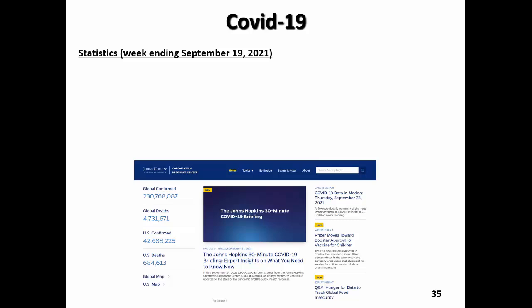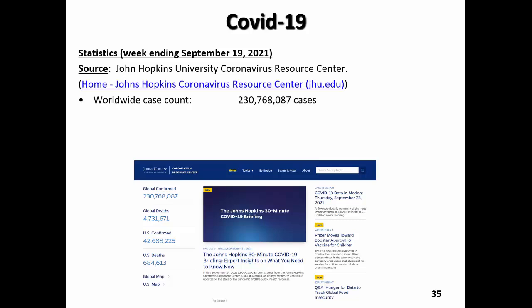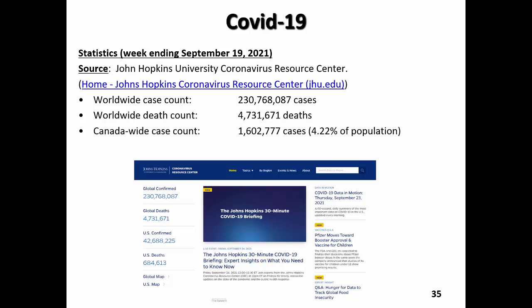Now, if we take a look at the data related to COVID-19, these are statistics for the week ending September 19, 2021, and these were obtained from the Johns Hopkins Coronavirus Resource Center online. The worldwide case count for this week ending was almost 231 million, with a death count of over 4.7 million.